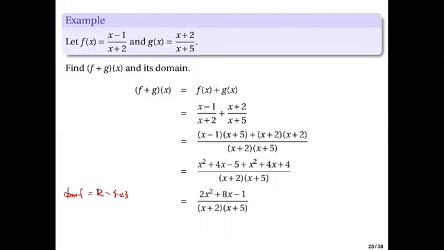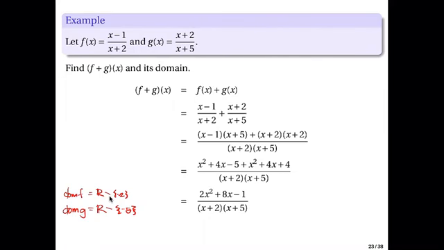And then you have the domain of g. This is the set of real numbers except negative 5. So for the domain of f plus g, we get the intersection of the domain of f and the domain of g.